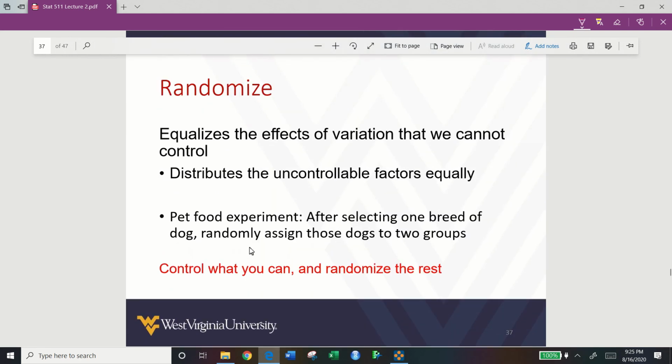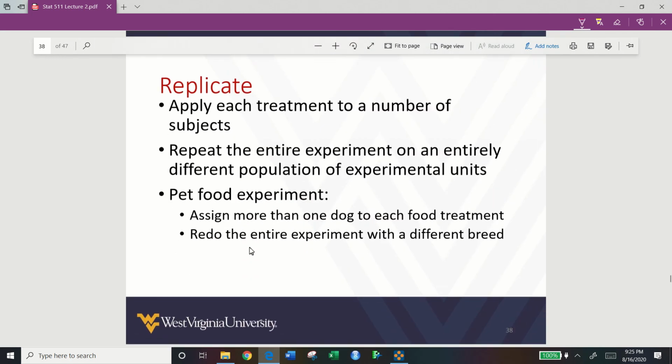Next, we are going to randomize, and that means we equalize the effects of variation that we cannot control. This distributes the uncontrollable factors equally. So still using our pet food example, after we've controlled for all other factors, we would randomly assign the dogs into the 2 groups. The saying is, control what you can, randomize the rest.